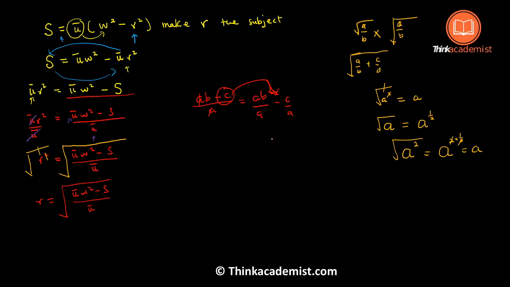So that's why I always advise that do not be in a hurry to do some form of cancellation to simplify your work. With change of subject, we always say that the goal is to make the thing the subject. No matter how the other side is looking like, we don't really care about it. Okay? Unless, of course, maybe you are solving an objective question and then the possible answers demand that it's supposed to be in a simple form.